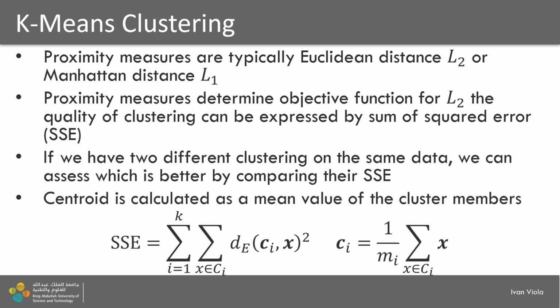So these two equations on the bottom are expressing the sum of squared error, which I described, and then also more detail on how to calculate the center of a cluster, which is an intuitive way how a centroid can be calculated.